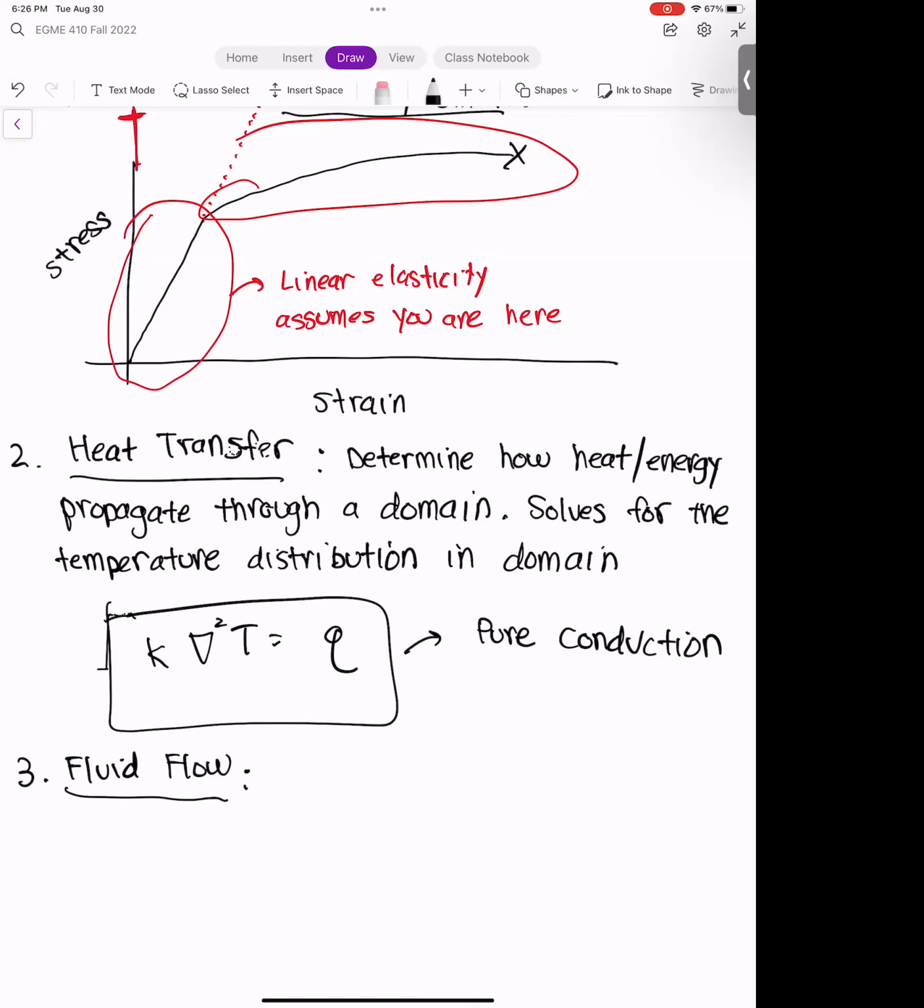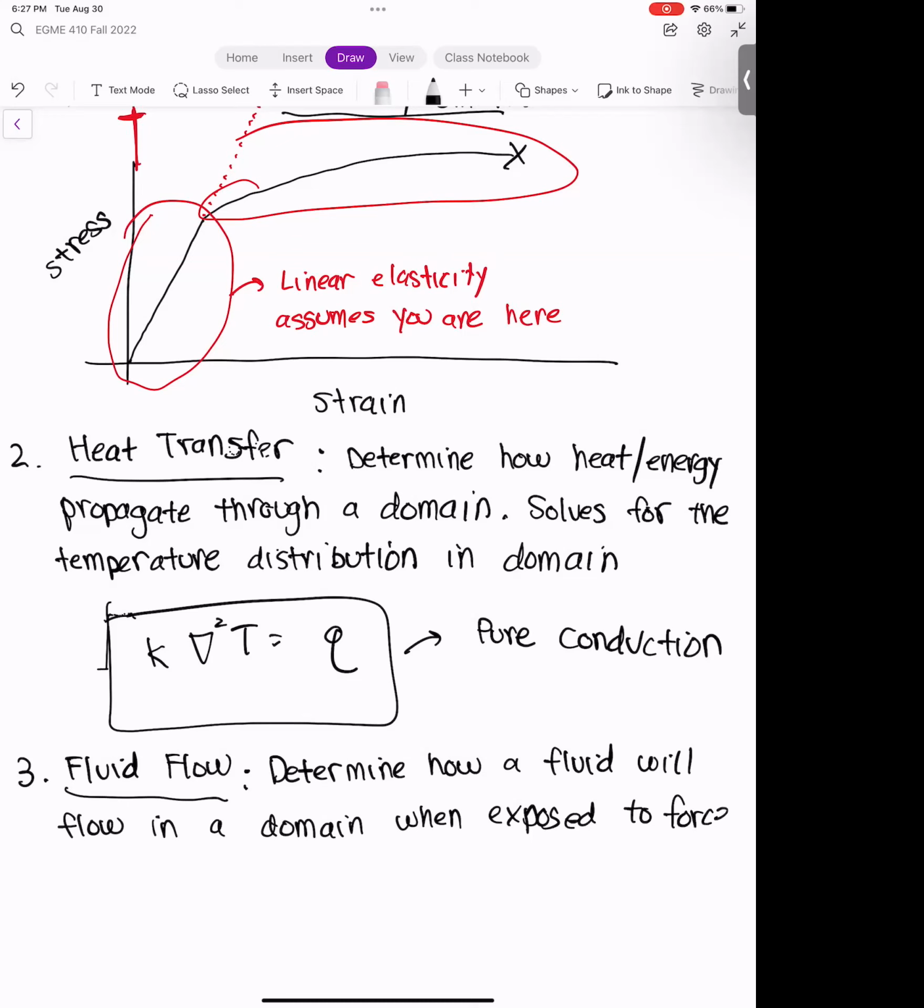What these equations determine is how a fluid will flow inside a domain when it's exposed to certain forces.